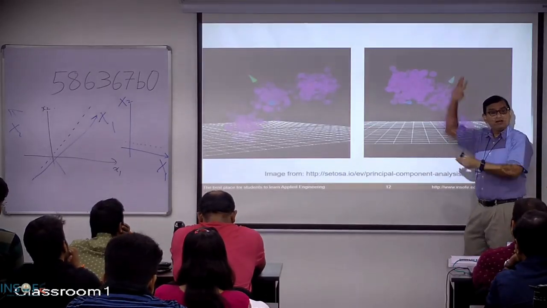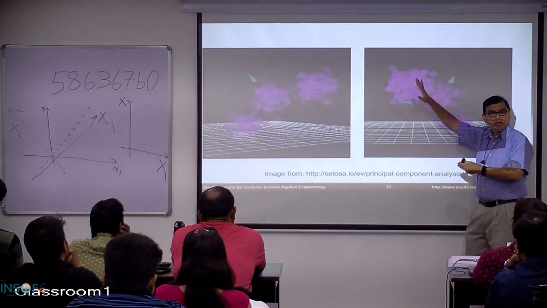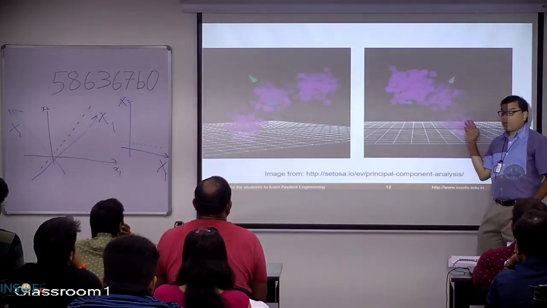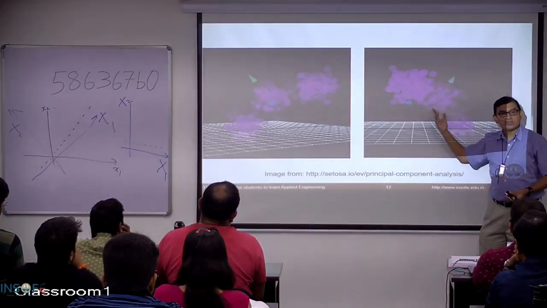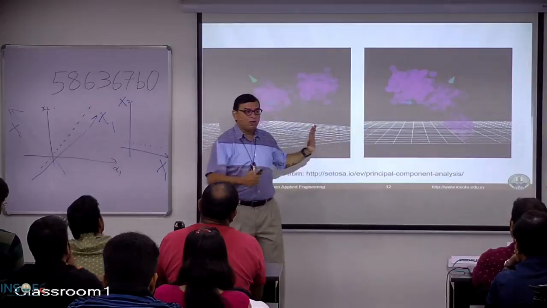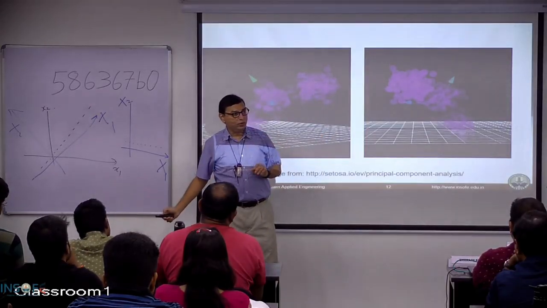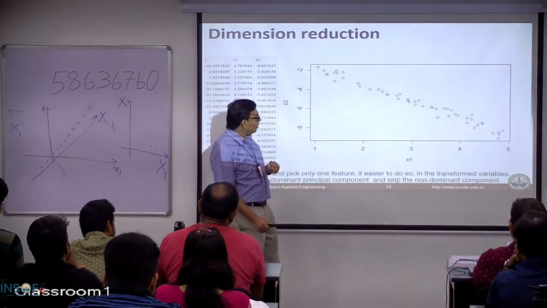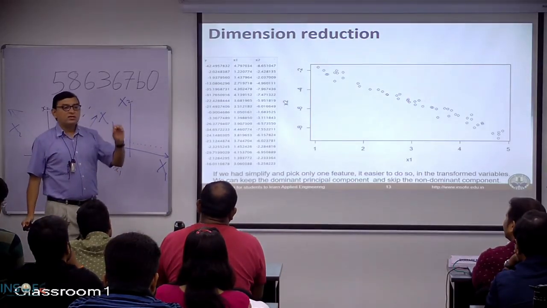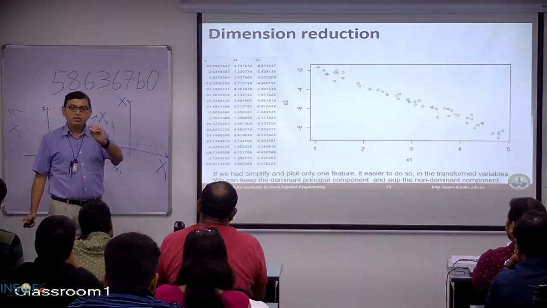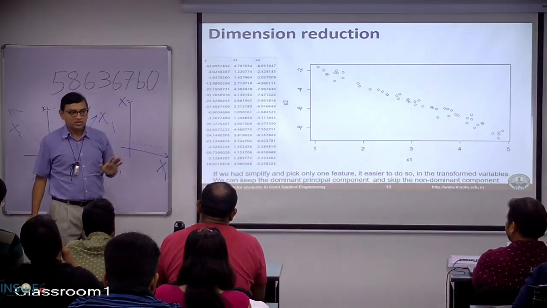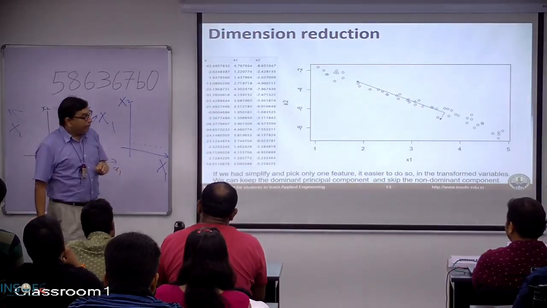We might be able to drop one of them, whichever one does not have too much variation, and we can deal only with two variables, right? If we find the right transformation to rotate the data, we might be able to use only the variation in this and drop the variable which has less variation. That's where we are going with this technique of principal component analysis. So the idea is to try and find the variable which has the least amount of variance in it.